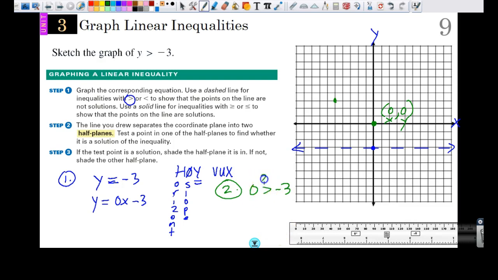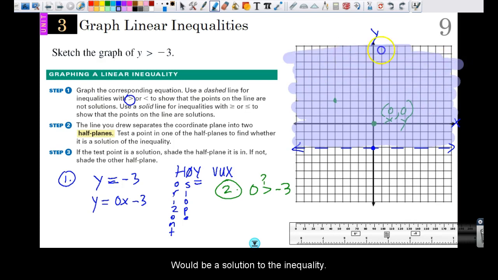And it is, right? I took the y value 0, put it in for y into the inequality, and it made the inequality true. So that means I need to shade or color in the part where this point was. And since the point was above the line, I'm going to color in everything above this line. Okay, so anything in this blue area would be a solution to the inequality.